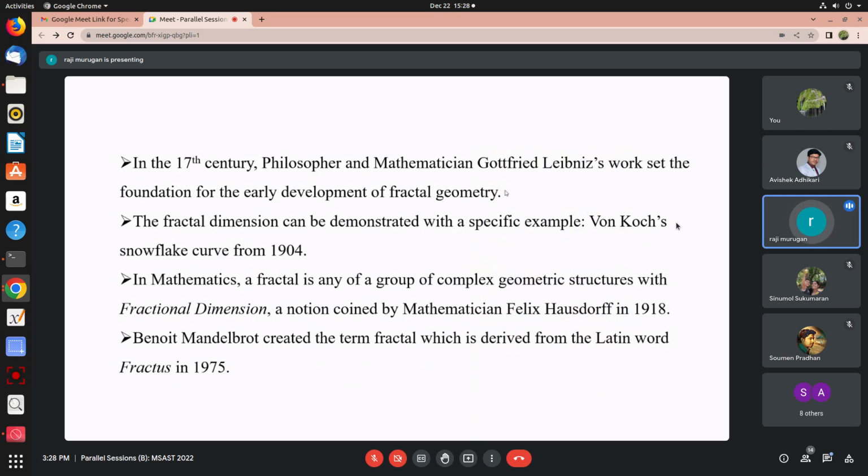The fractal dimension can be demonstrated with a specific example, Von Koch's snowflake curve from 1904. In mathematics, a fractal is any of a group of complex geometric structures with fractal dimensions, a notion coined by mathematician Felix Hausdorff in 1918. Benoit Mandelbrot created the term fractal, which is derived from the Latin word fractus, in 1975.